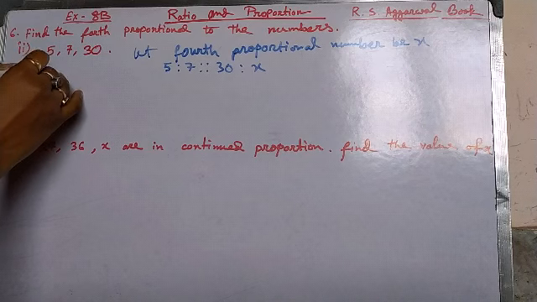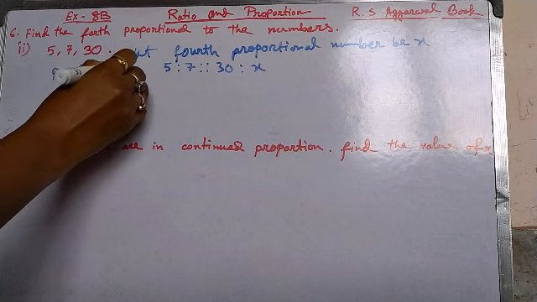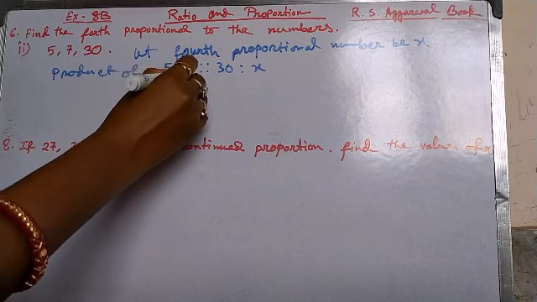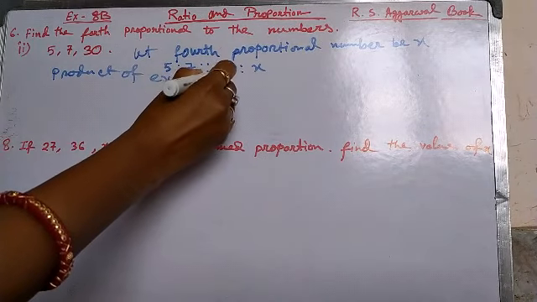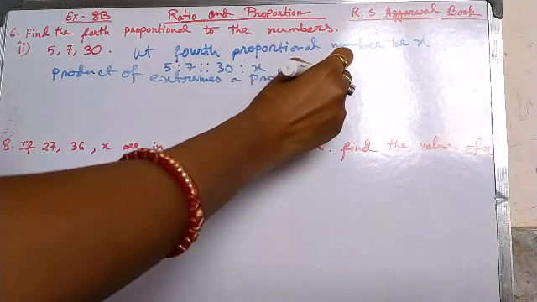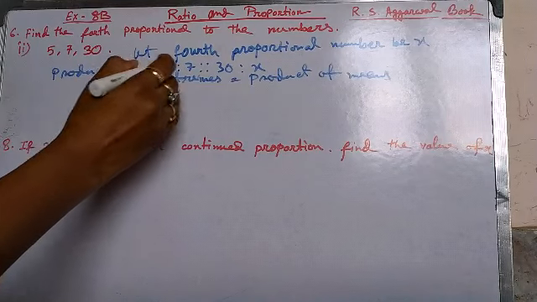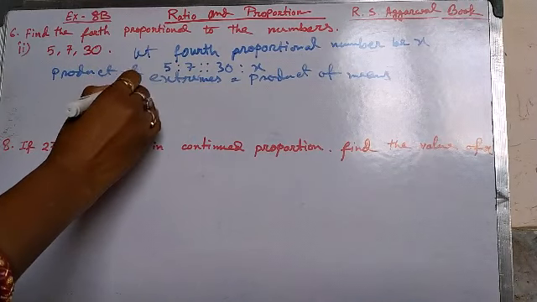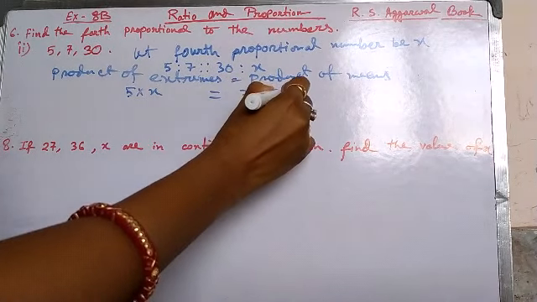That means same process. Product of extremes equal to product of means. Extremes means 5 and x, that means 5 into x equal to 7 into 30.